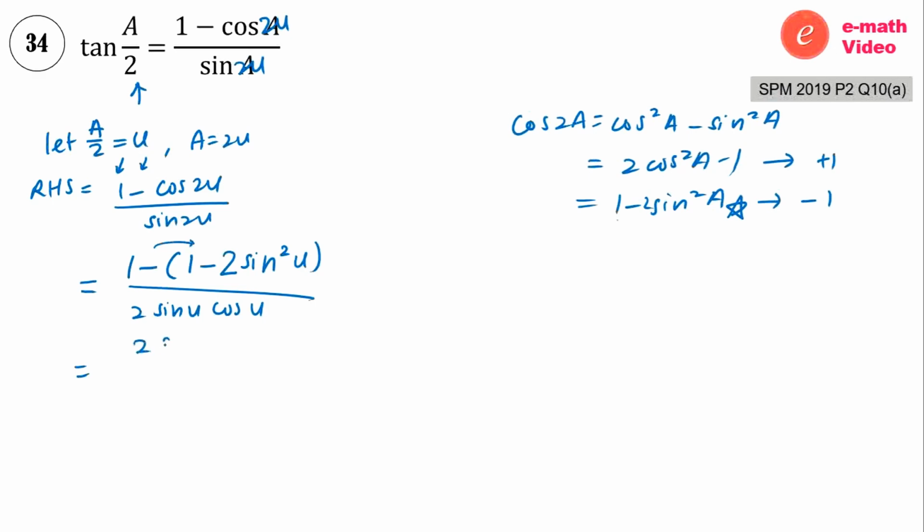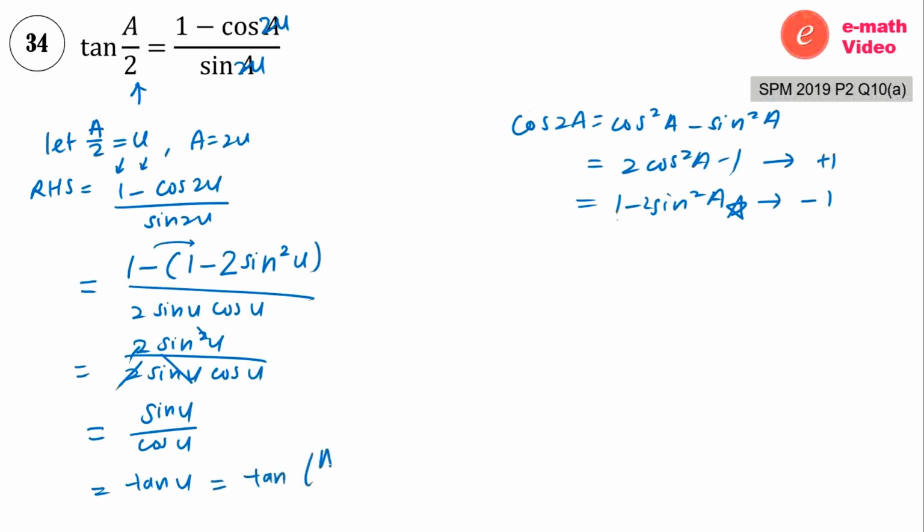So, 2 sine square u over 2 sine u cos u. 2 and 2 cancel. Sine u and sine square u cancel, power minus 1, equals sine u over cos u, equals tangent u. What is u? u is a over 2. So, equals tangent a over 2, equals the left hand side.